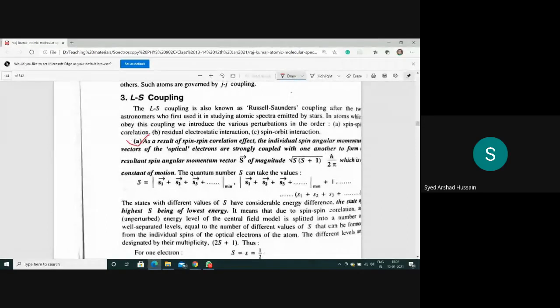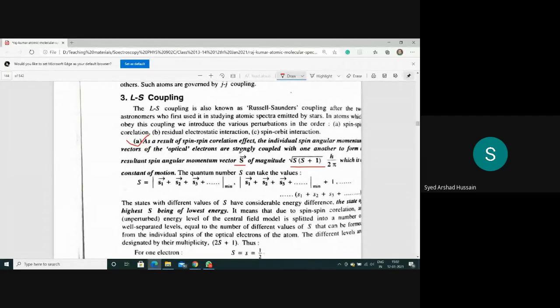So in the first case, as a result of spin correlation effect, that is interaction between spins of more than one electron, the individual spin angular momentum vectors of the optically active electrons strongly interact with each other, and they will result in a new spin angular momentum quantum number, capital S, of magnitude of the order of root over S into S plus 1 h cut.